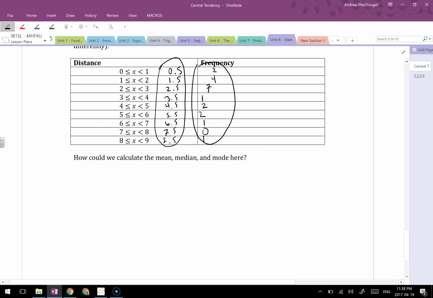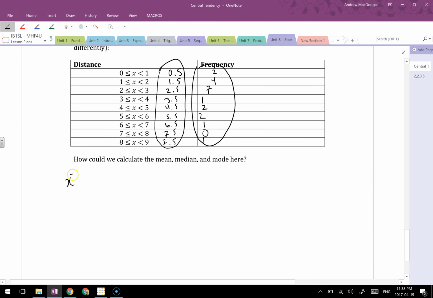Or of course, you could still do it by hand: the mean is 2 times 0.5 plus 4 times 1.5 and so on, all the way through. So this is called grouping of data. We group our data between 0 and 1, 1 and 2, 2 and 3. You can use any grouping you want. I could have done 0 to 4, 5 to 8, etc.